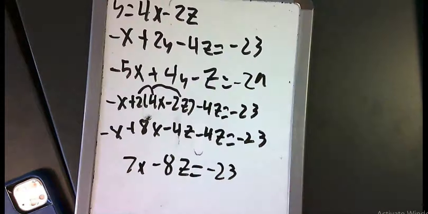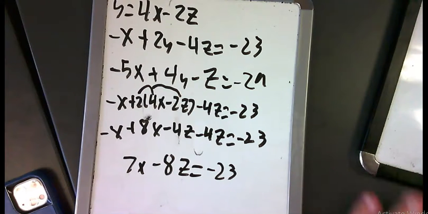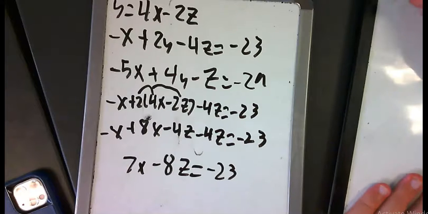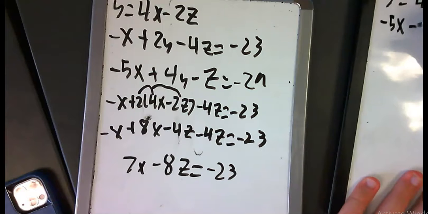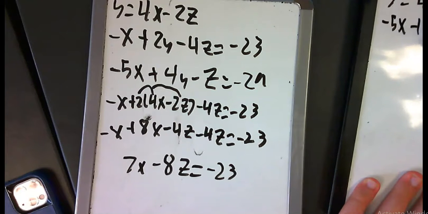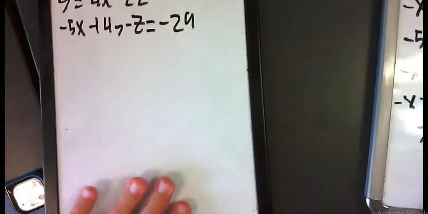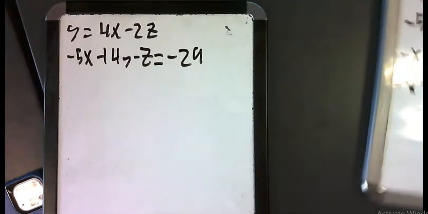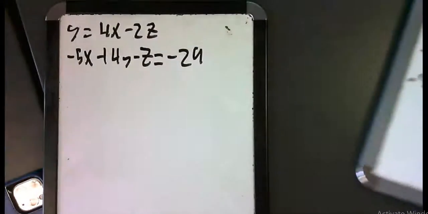And then for the other part, I'm going to write that here: we have y equals 4x minus 2z, and the other one was negative 5x plus 4y minus z equals negative 29. From here, what we're looking for is another equation similar to this, where we have x and z and then equals a number.